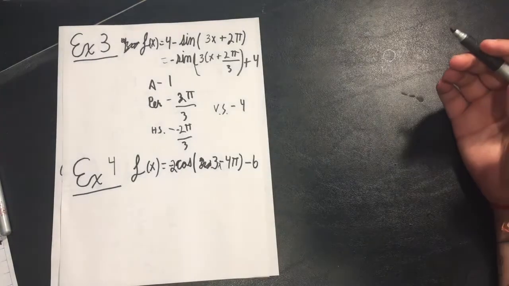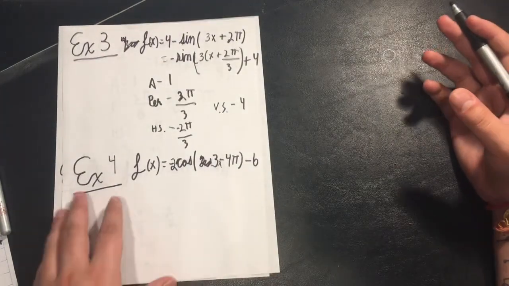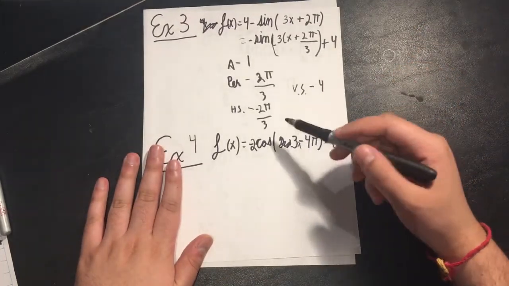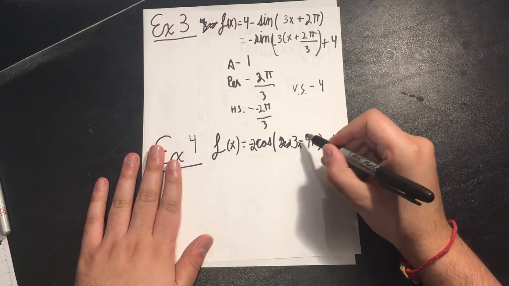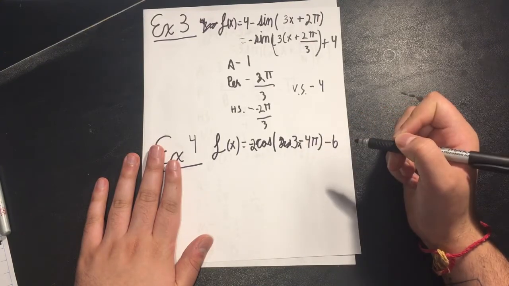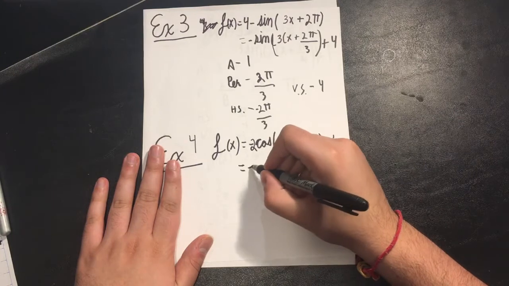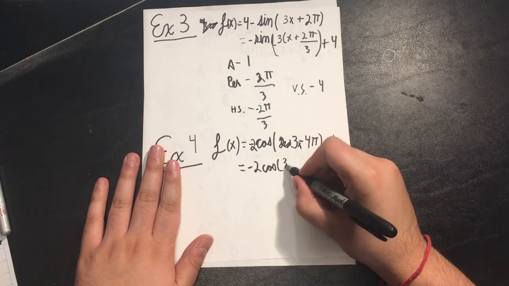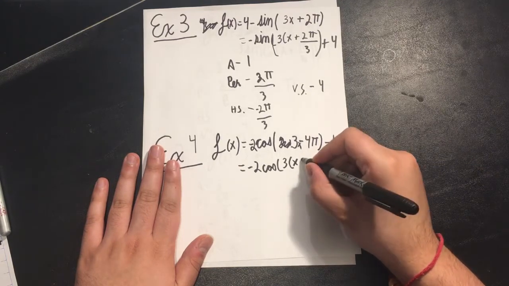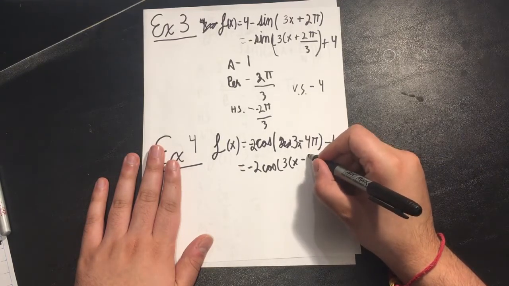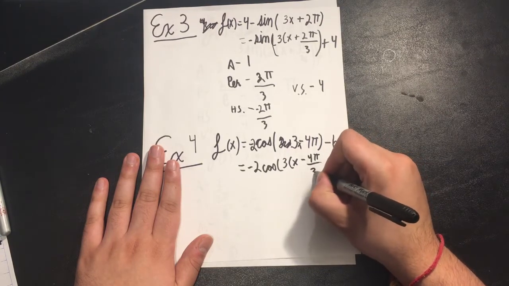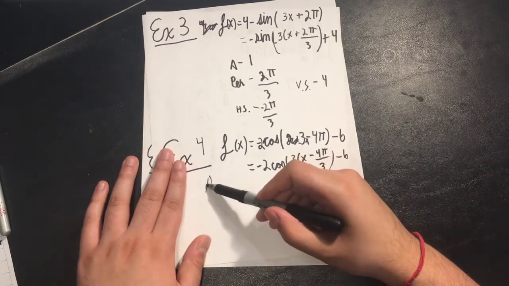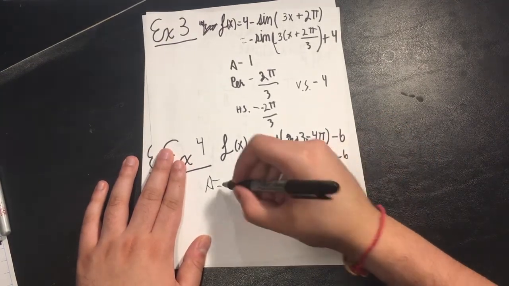All right, now let's go through our last example. Should be pretty simple at this point, right? Negative 2 cosine 3x minus 4 pi minus 6. So let's get into a form we're used to. I factor out a 3, and I'm left with x minus 4 pi over 3 on the inside. And now our amplitude is 2.